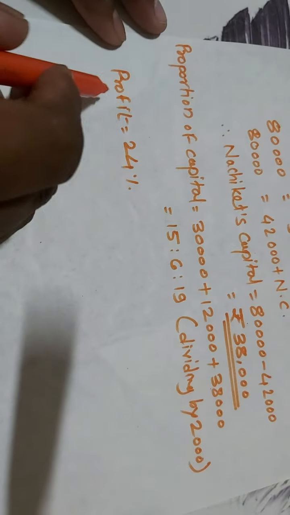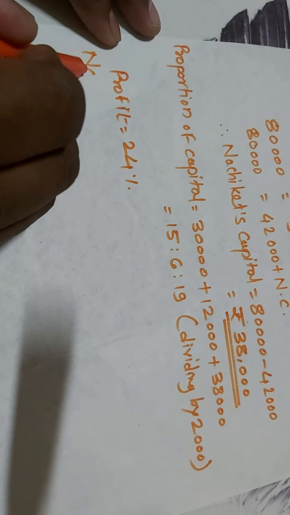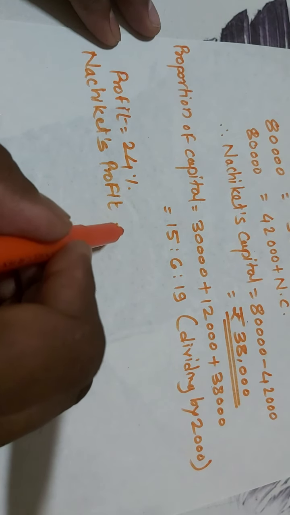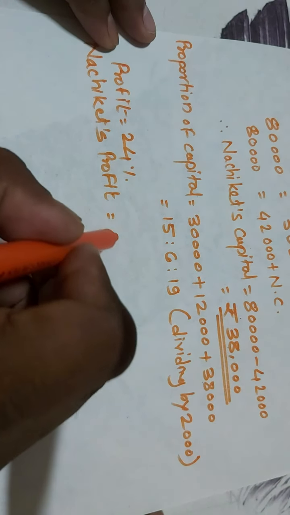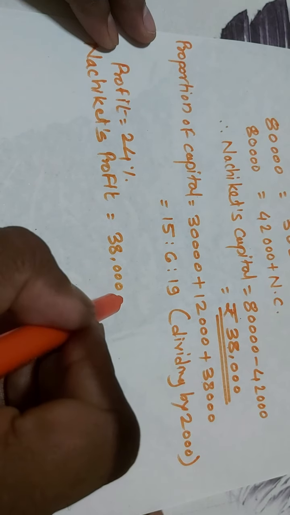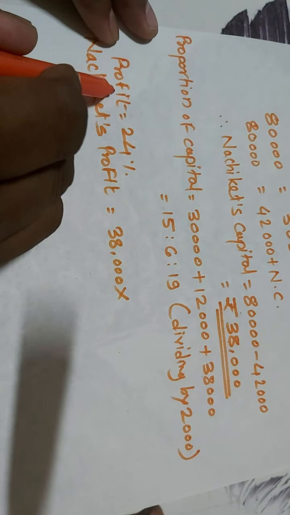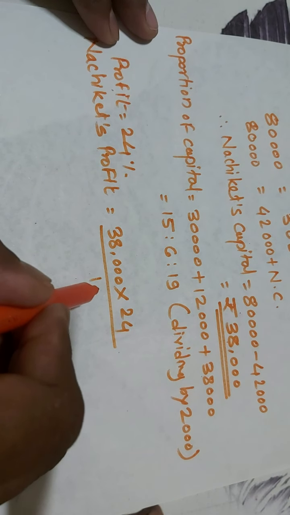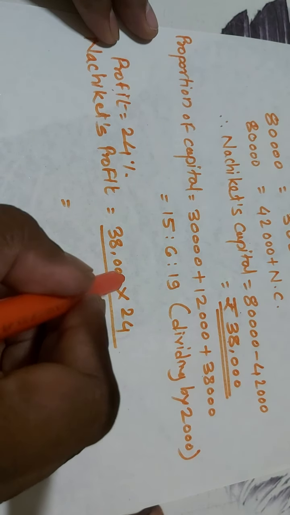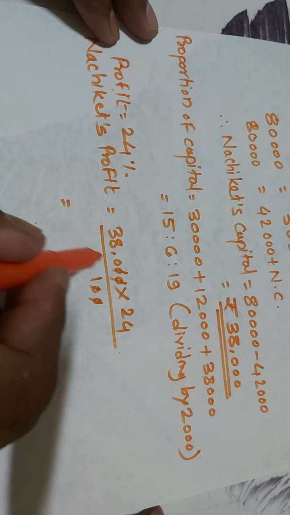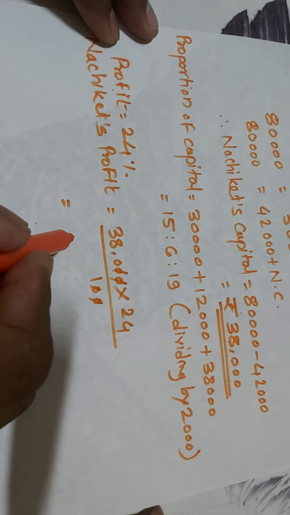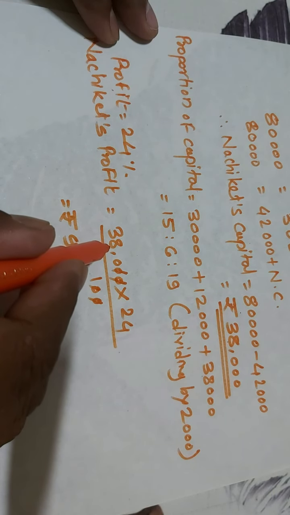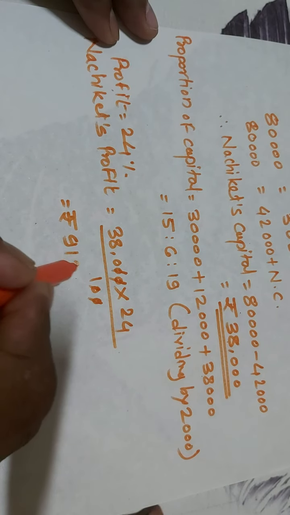Okay, so how do we find it according to the data? Nachiket's profit is equal to Nachiket's capital, 38,000, multiplied by the profit percentage 24, and while finding the percentage we use 100, so we write 100. Now 24 multiplied by 380, then we'll get rupees 9,120.